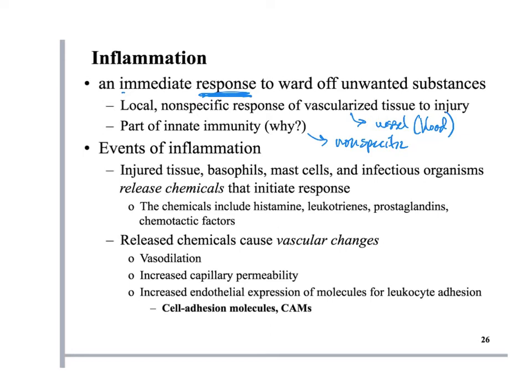The injured tissue and the other cells of the innate immunity, basophils and mast cells, and also the infectious organisms themselves, or the breakdown of these organisms, like remnants of the pathogens themselves, cause and release chemicals that initiate the response. These chemicals are called pyrogens. Or actually, no, sorry, that's wrong.